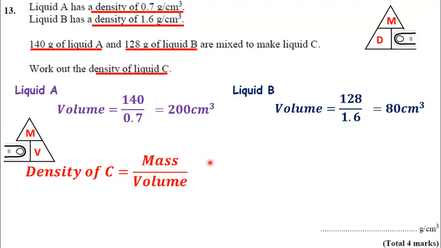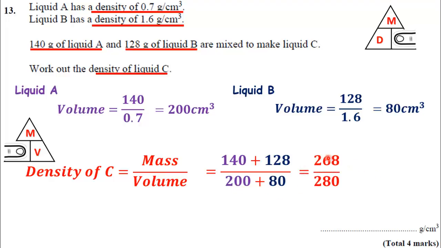That is 140 plus 128, their masses, divided by their volumes, 200 plus 80. That's 268 divided by 280, and that gives me 0.957, and that is my answer.